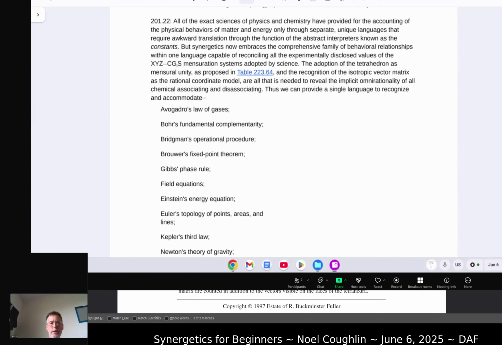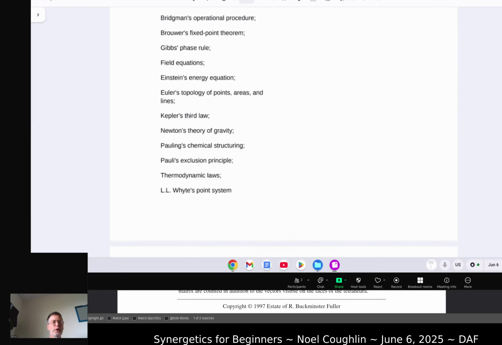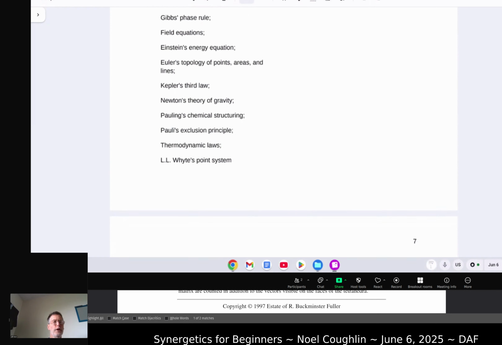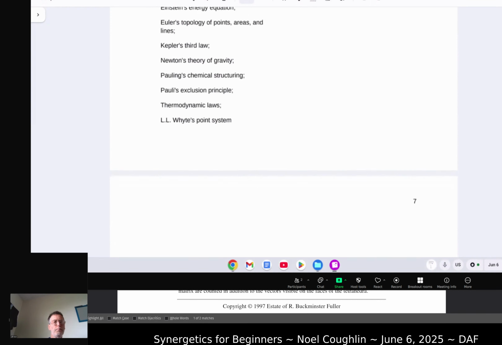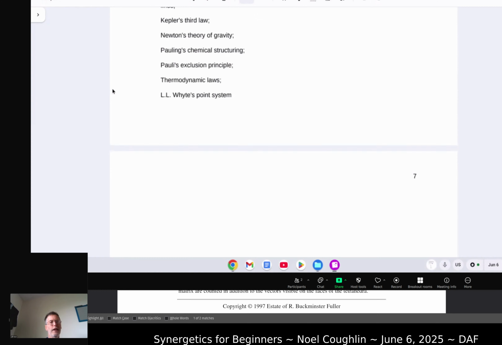The adoption of the tetrahedron as mensural unity and the recognition of the isotopic vector matrix as a rational coordinate model are all that is needed to reveal the implicit omnirationality of all chemical associating and disassociating. Thus, we can provide a single language to recognize and accommodate Avogadro's law of gases, Bohr's fundamental complementarity, Boltzmann's operational procedure, Brouwer's fixed point theorem, Gibbs' phase rule, field equations, Einstein's energy equation, Euler's topology, points, areas, and lines, Kepler's third law, Newton's theory of gravity, Pauling's chemical structuring, Pauli's exclusion principle, thermodynamic laws, and L.L. White's point system.